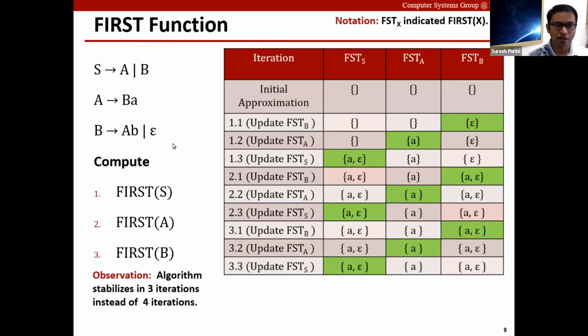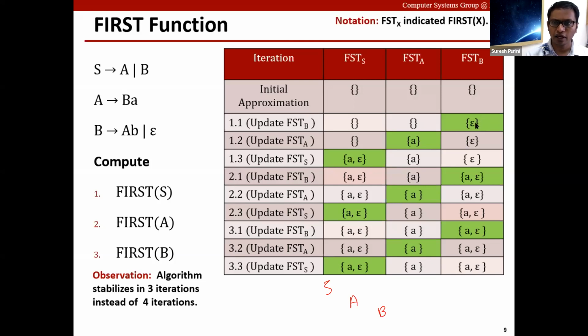We have the same grammar here, and we want to compute the first sets for the non-terminal symbols S, A, and B. In the previous case, within an iteration, we started with S, then computed the first set for A, and then the first set for B. But now we are starting with the computation of the first set for B, followed by A, and followed by S.